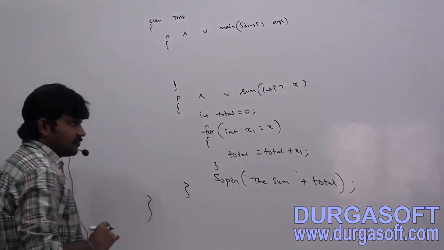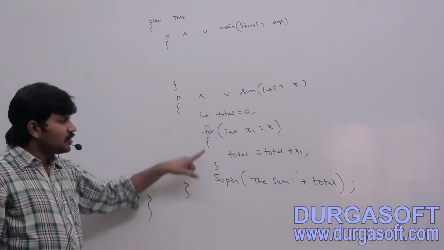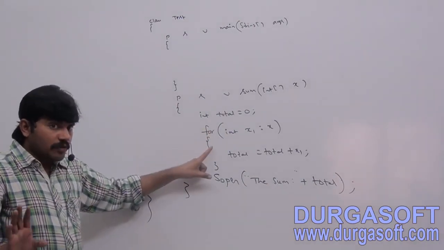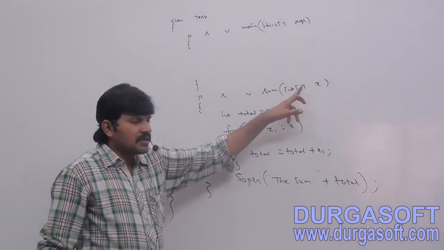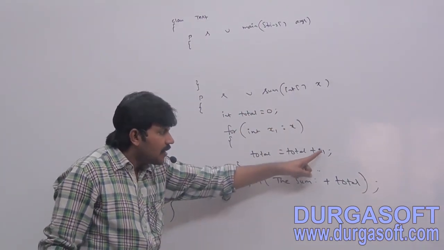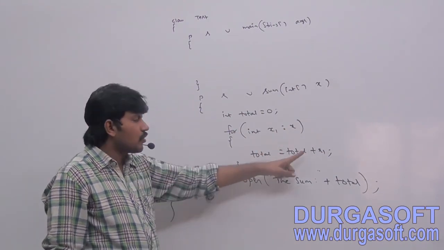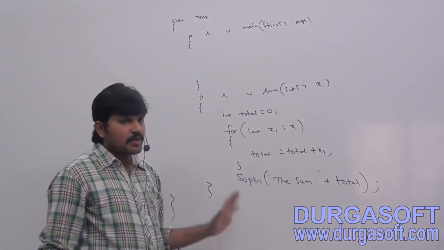End of this one, very simple. What is this loop called? This is called a for-each loop. You know the basic idea. Sir, for every int element present in this array, can you please add that to the total? total = total + x1. The sum is nothing but total.